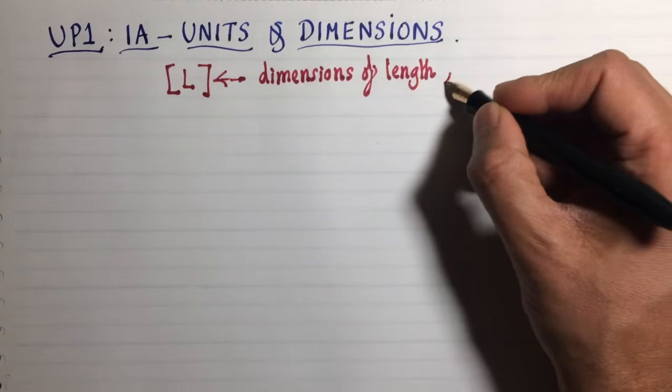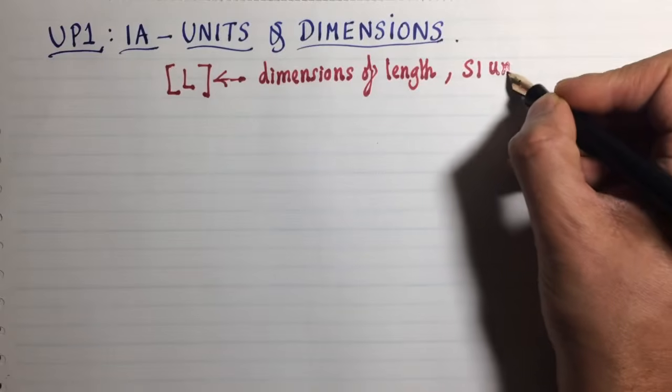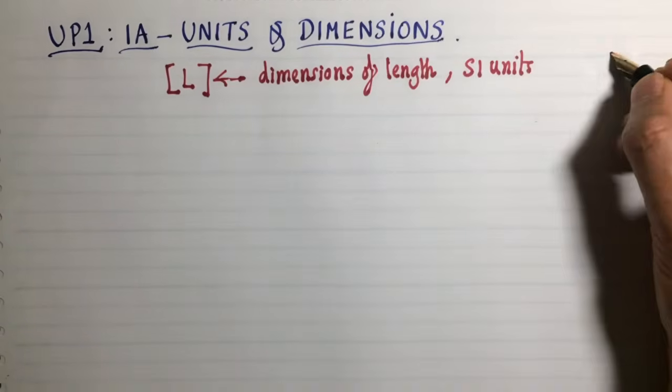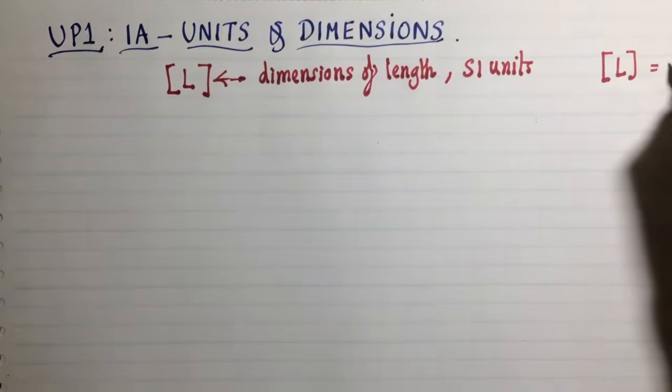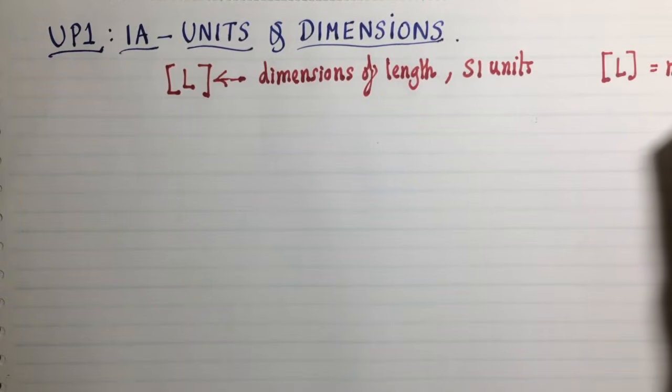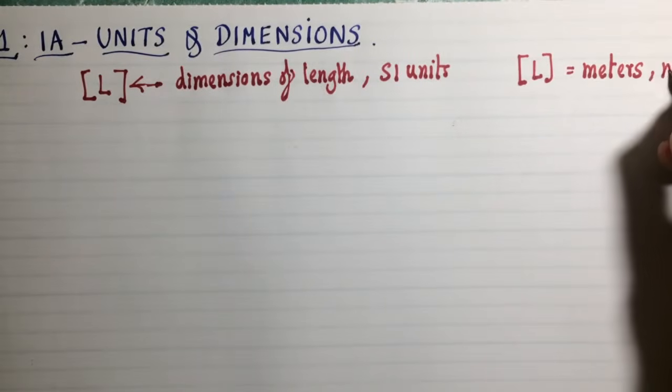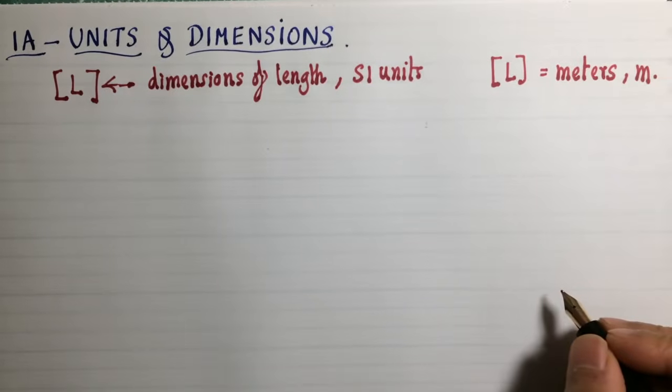And I also use it for the SI units. So it serves a double purpose. So sometimes I can write the units of length are meters, because in SI units, meters or m are the units of length.